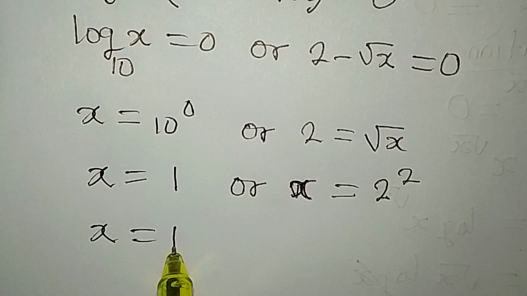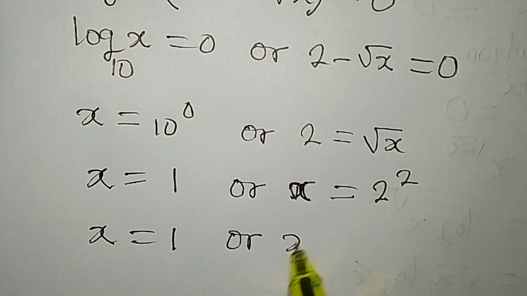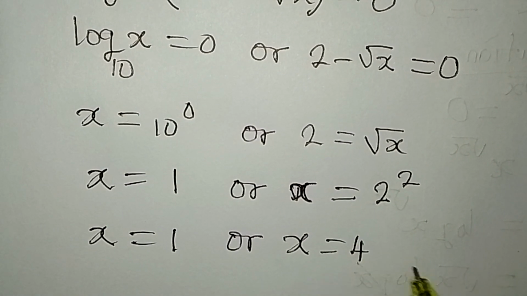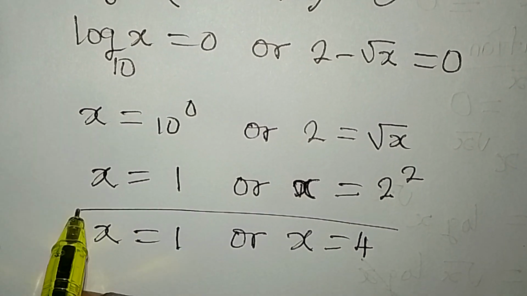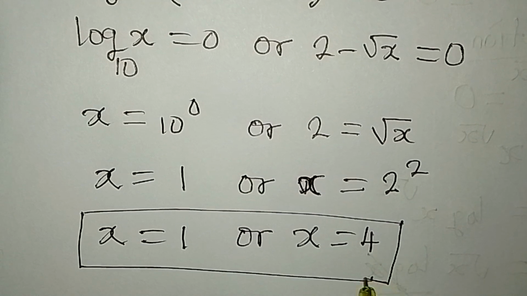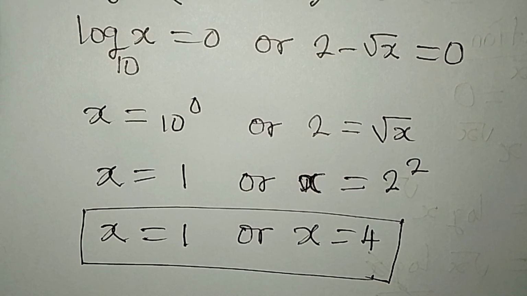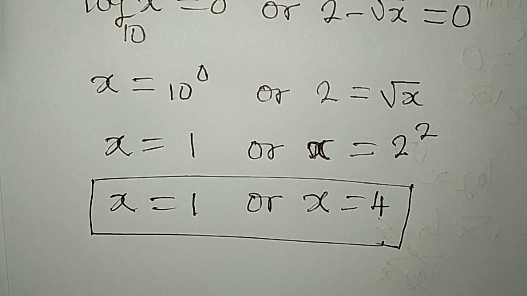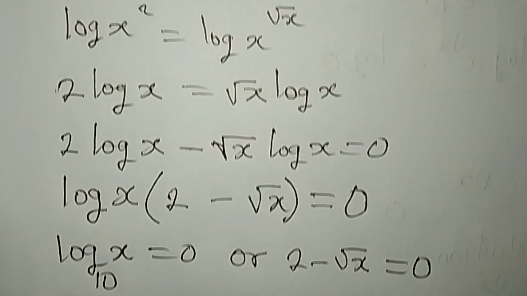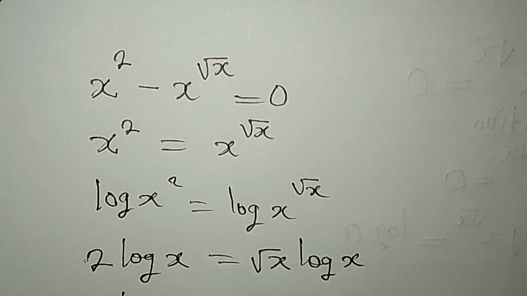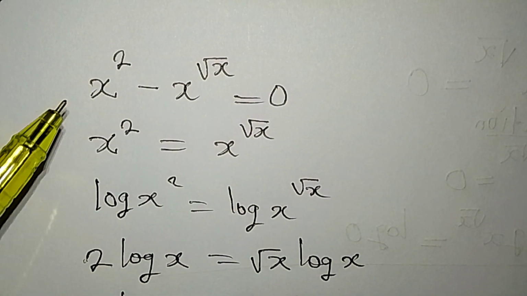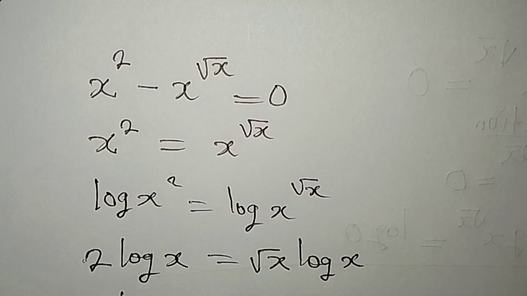Now x is equal to 1 or x is equal to 4. So from here, we have two solutions. So if you encounter this kind of problem, you do it in this way so that you can have two solutions. Remember, this is quadratic because of this power of 2.